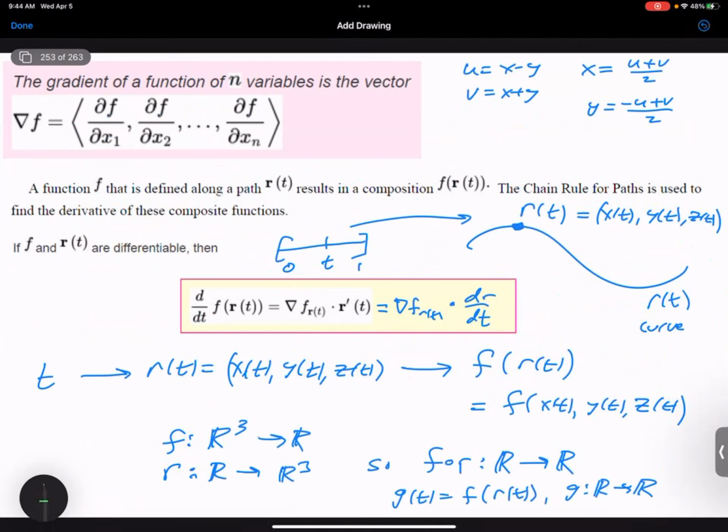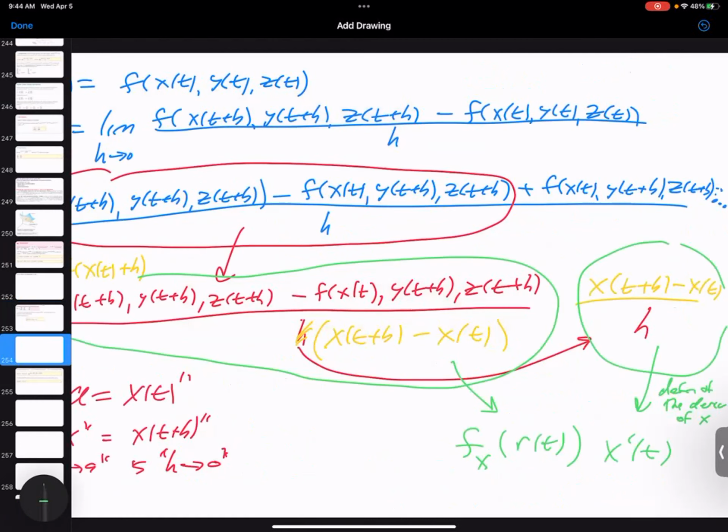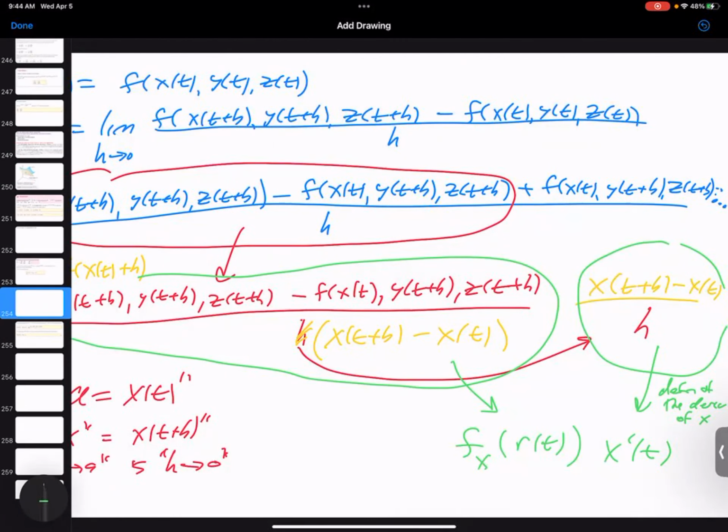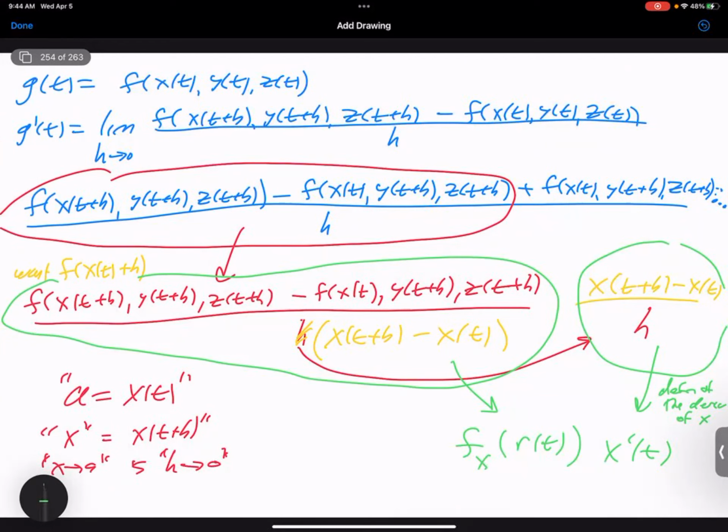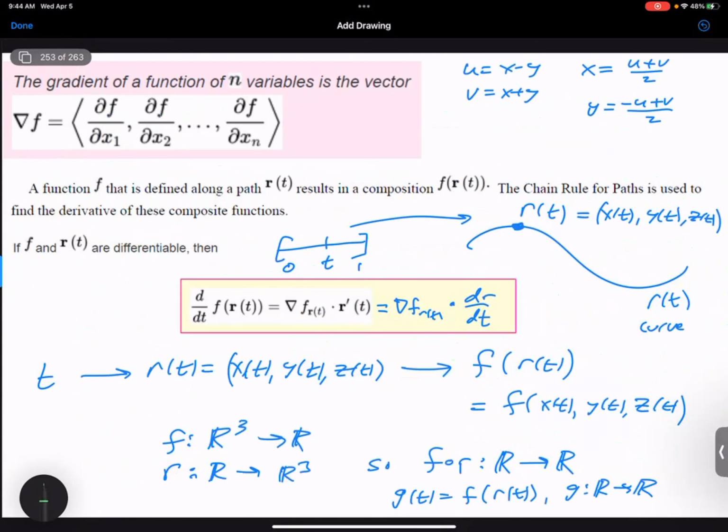The first component of dr dt is x prime of t. The first component of the gradient is the derivative of f with respect to x. This is giving us the first component. And then you just go through the rest of the analysis and you see that everything is going to follow similarly. So this is the idea of where this formula comes from.